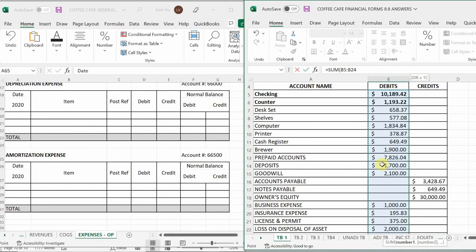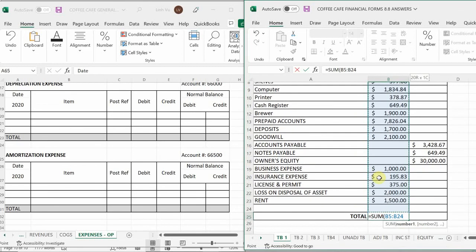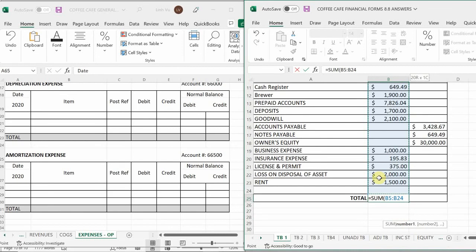The prepaid accounts for $78.26. Right. The deposits for $1,700. Goodwill for $2,100. Right. All of my expenses.